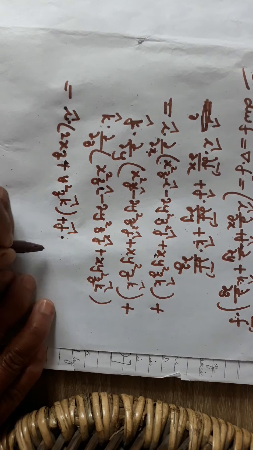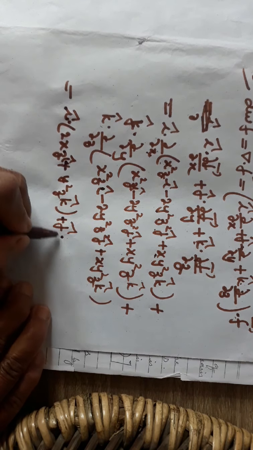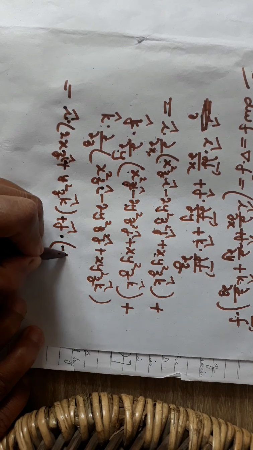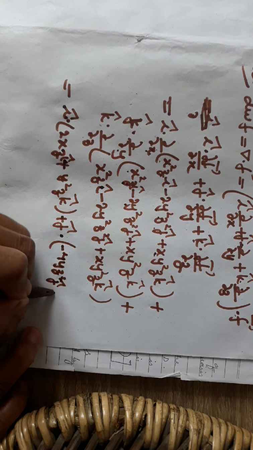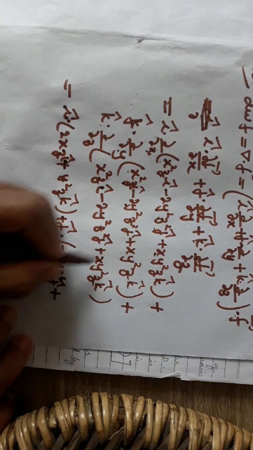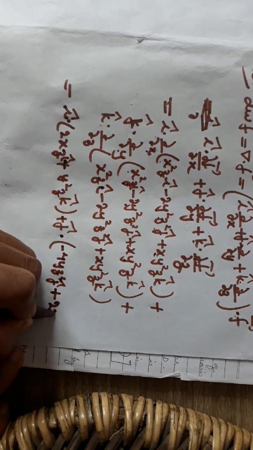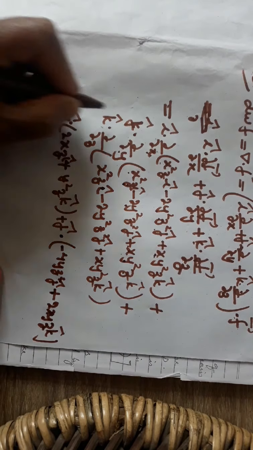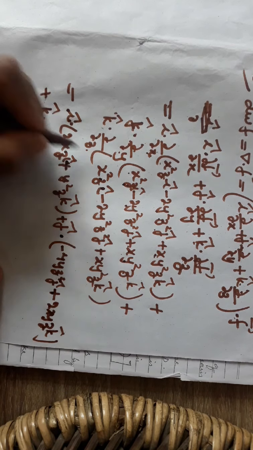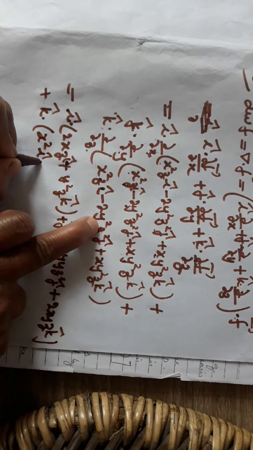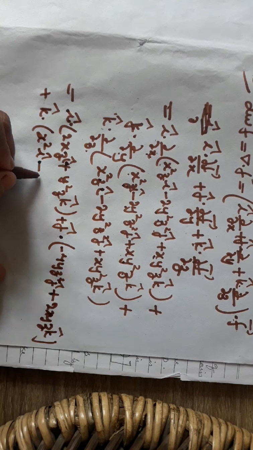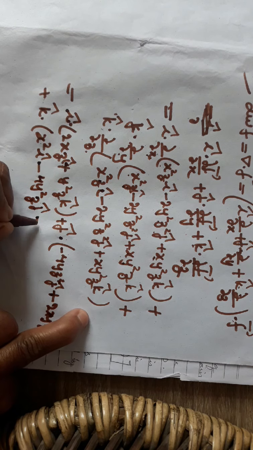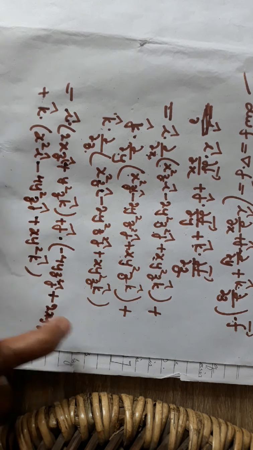Then j dot del/del y: there is no y in the i component, you get minus 4yz squared j, and then plus 2xyz k. Then k dot del/del z: you get x squared i, minus 2 into 2 gives 4yz j, and then plus x y squared k.